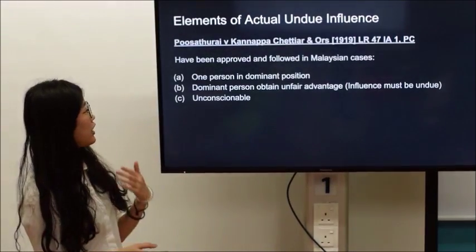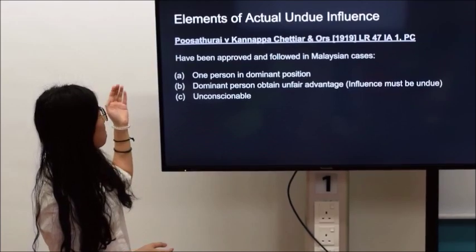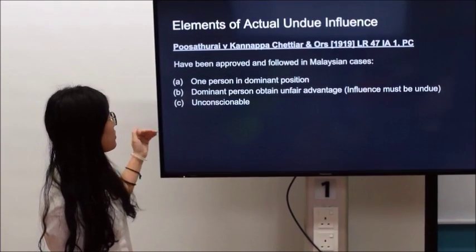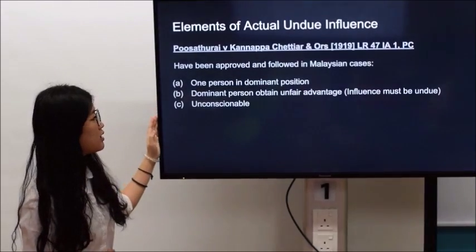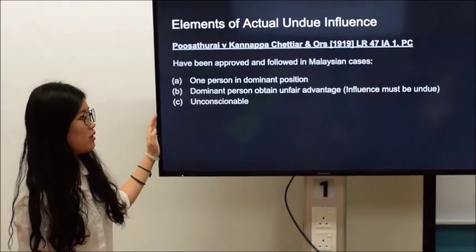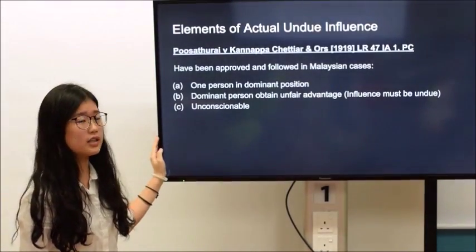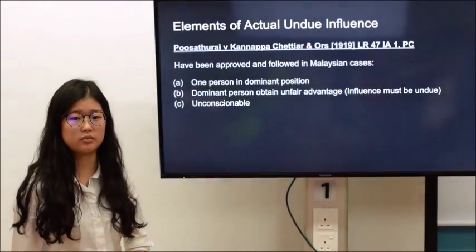The elements of actual undue influence are listed out in this case: for undue influence to arise, one person must be in a dominant position, and the dominant person must obtain unfair advantage. It is not enough when there is only influence. The influence must also be undue, and the transaction must be unconscionable.